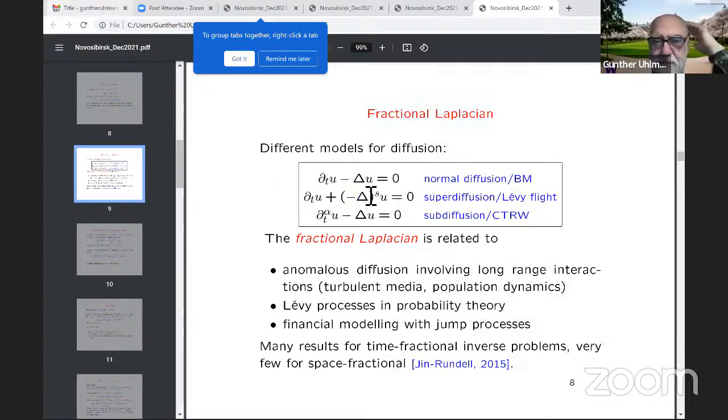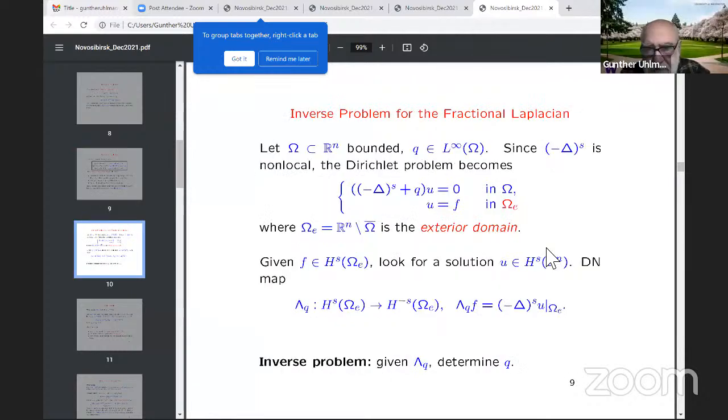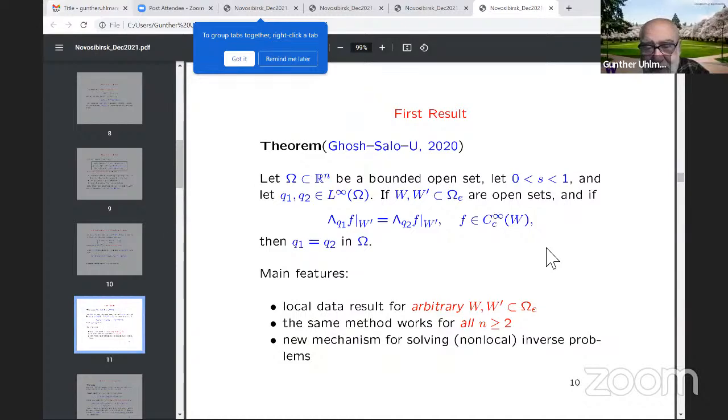I don't know what the physical model will be in that case, but you mean here to take a fractional and fractional here, in both? Yeah. That I don't know. I don't know what the physical process should be. Yeah, okay, that will be an interesting problem. We haven't looked at that one. So, do I understand right that there are no theoretical results in this case? Yes, that's up to my knowledge, which is not complete.